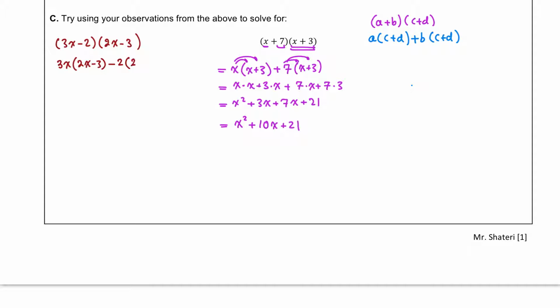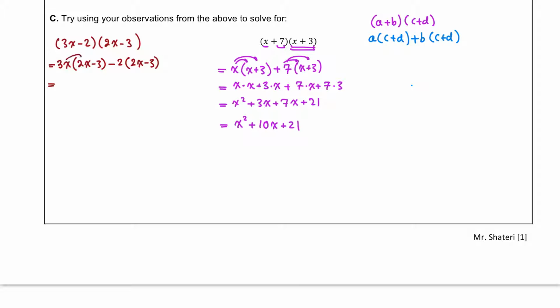and I will multiply again 2x minus 3. So what I've done is 3x multiplied by the bracket, and negative 2 multiplied by the bracket. Should not forget the equal sign.